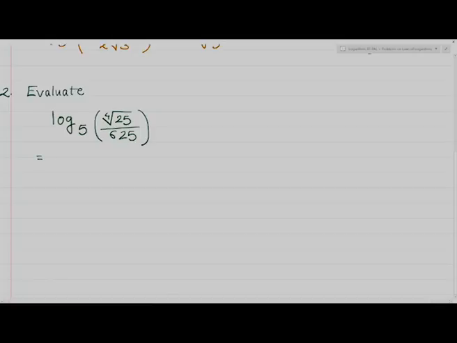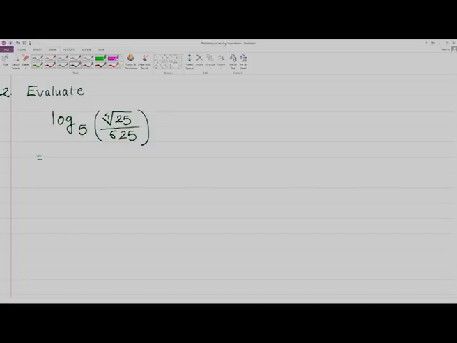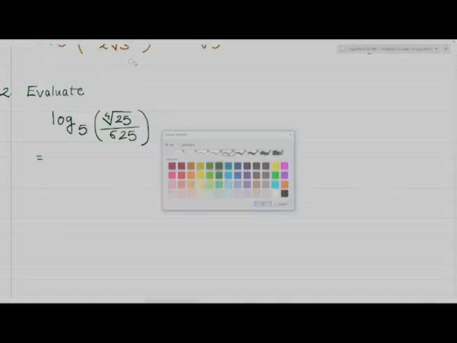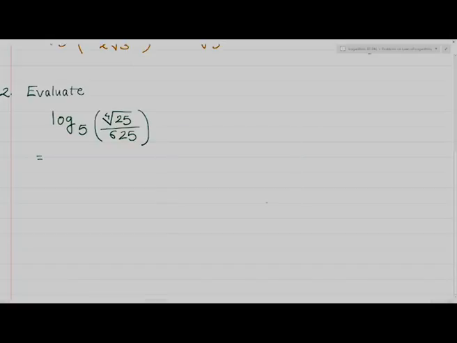Again, if you look at this expression, you have to think about what are the rules of log that you can use for solving this problem. So, let us analyze the terms. Let us do some rough work here. 4th root of 25 means 25 raised to 1 by 4.